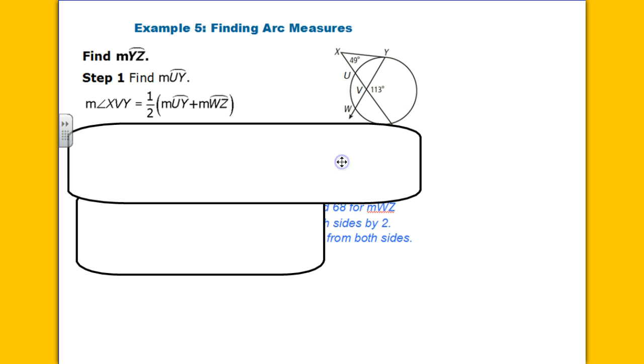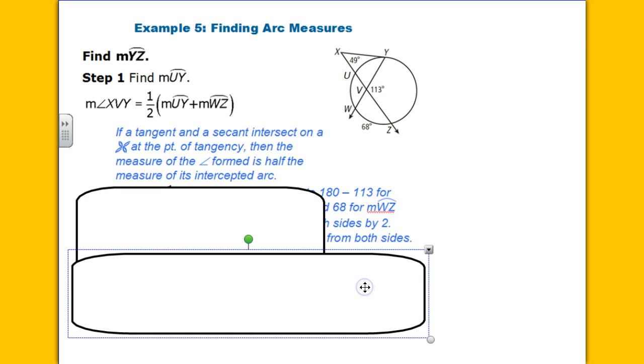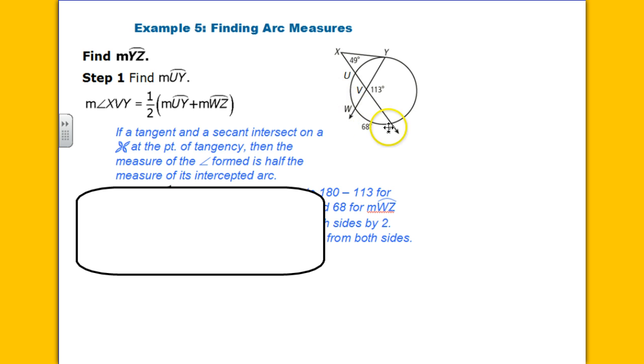And we're going to use that because we know that this arc, WZ, and if we have this angle, we know that if a tangent and a secant intersect at a point of tangency, which is what these two here are doing, then the measure of the angle formed is half the measure of the intercepted arc, right?